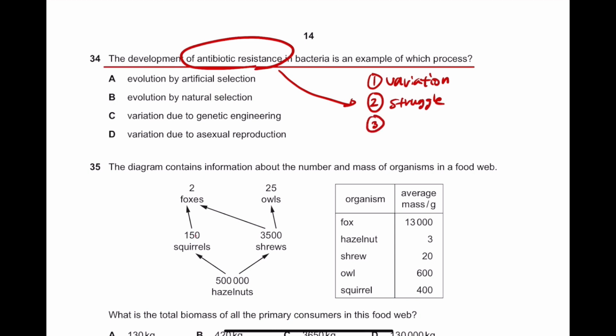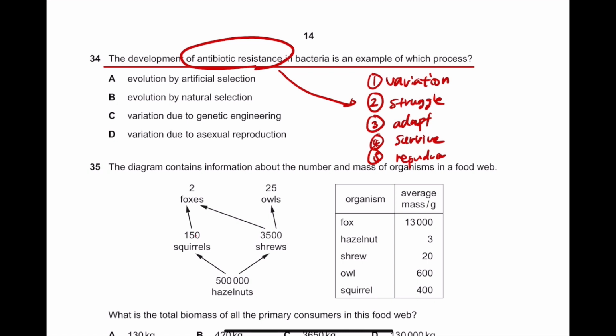And then during the struggle, that specific bacteria will adapt and it will survive. Okay? That means others will die, but it will survive and it's going to reproduce itself and pass its gene to the next generation.